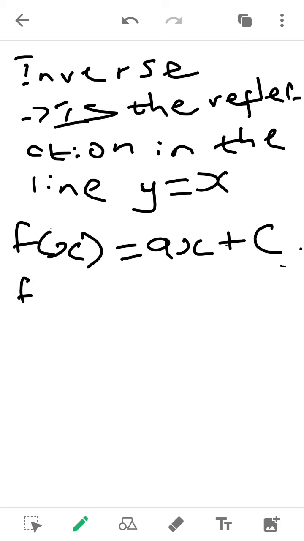So an inverse of a function is written in the form of f inverse of x. So that means, okay, let me give you an example.